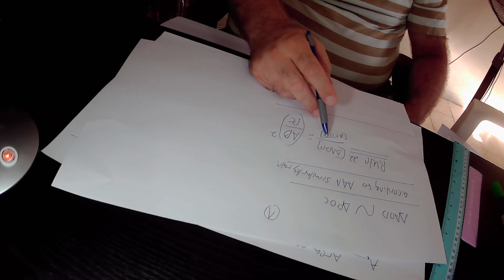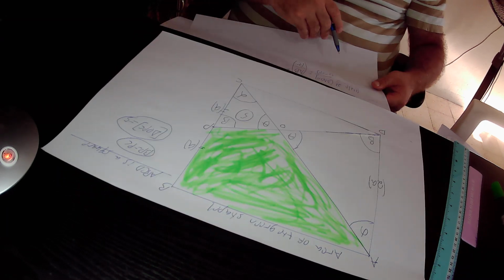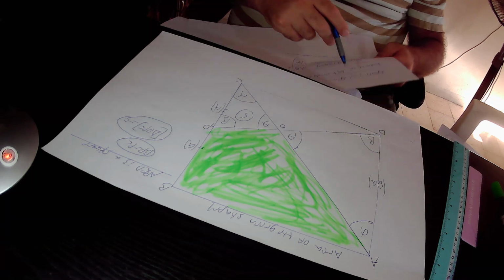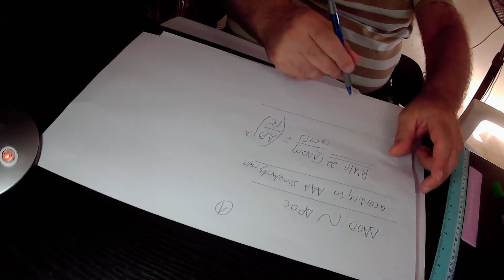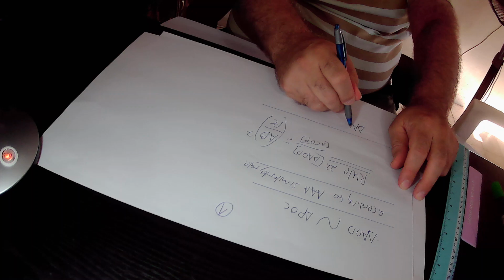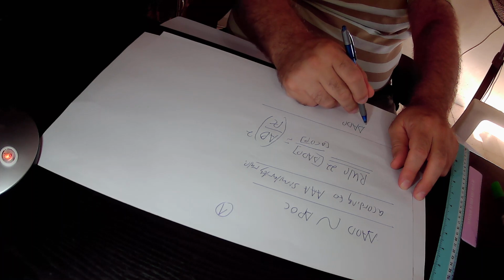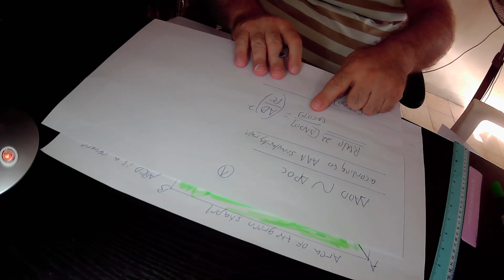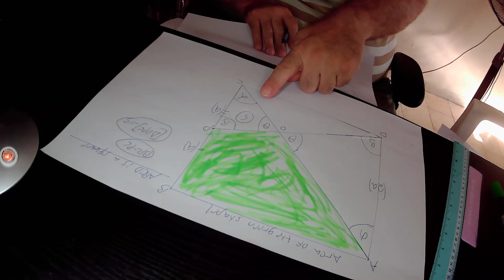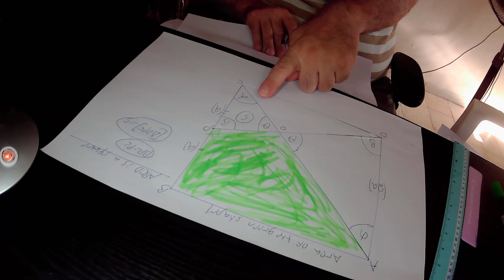So here the area of this big triangle ADO is unknown, so we leave it as it is, over the area of the small triangle COP. The area of this small triangle COP is equal to 5 square units according to what is given in the question.